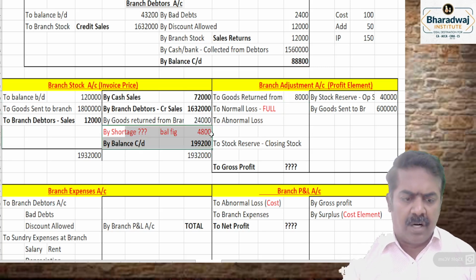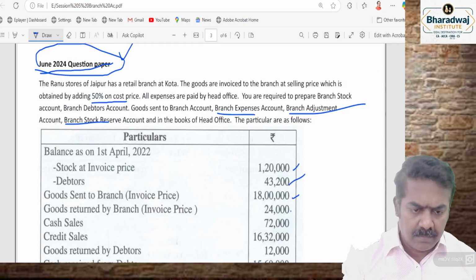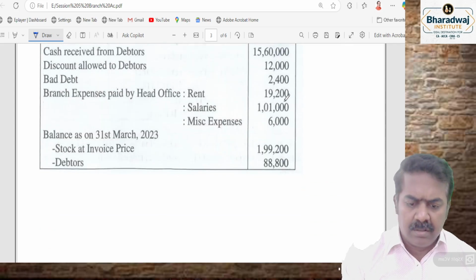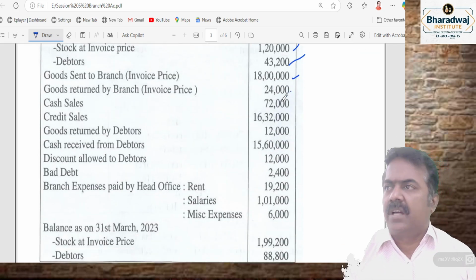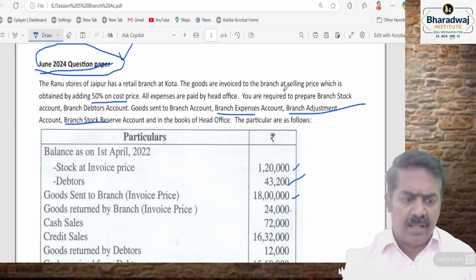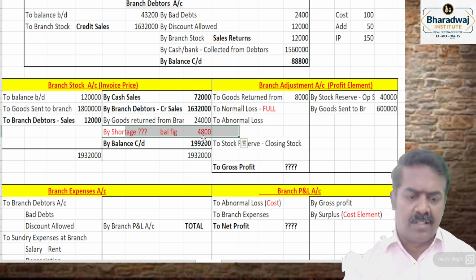Okay. This shortage, how to treat it? Any information available? Is anything given about the shortage, goods destroyed or abnormal loss? No such things are given. Or do they tell that the balancing figure should be taken as abnormal loss? If nothing is given, you can take it as normal loss. It's a very small quantity.